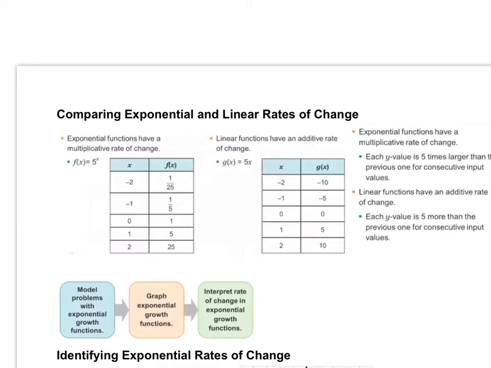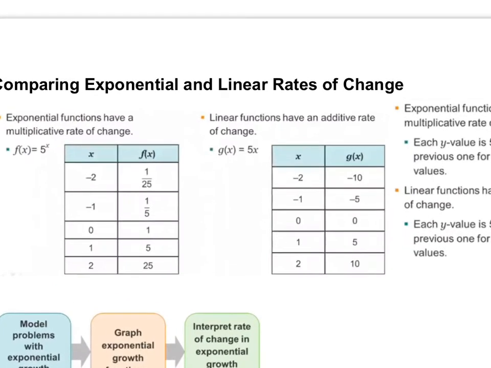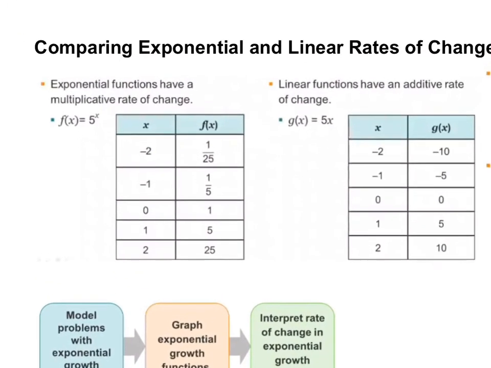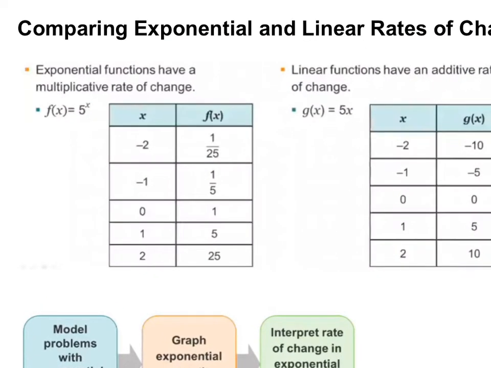All right, so let's talk about exponential rates of change and linear rates of change. The difference is that exponential functions have a multiplicative rate of change, which means that every time, you're multiplying by 5.